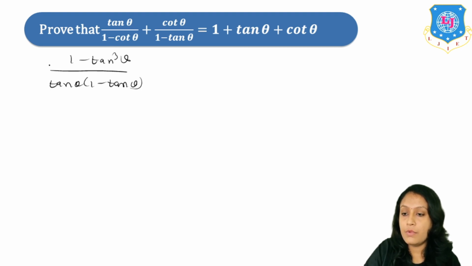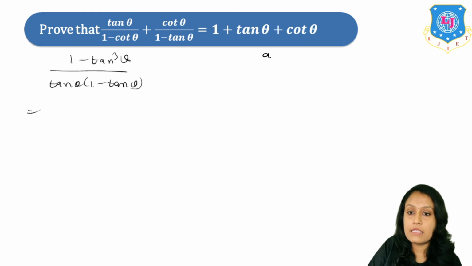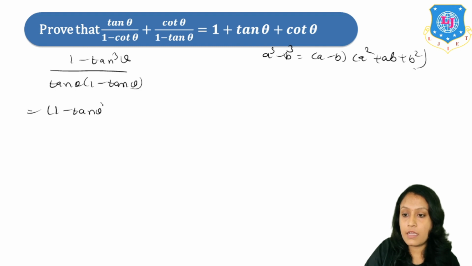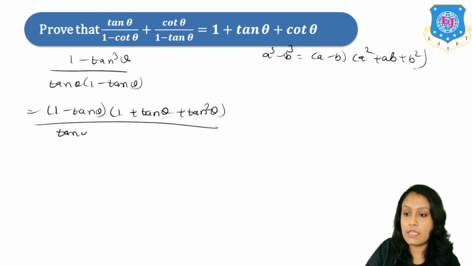Now in order to solve further, we'll apply the a cube minus b cube formula, that is (a minus b) into (a square plus ab plus b square). So apply this formula, and you will get (1 minus tan theta) into (1 plus tan theta plus tan square theta) upon tan theta into (1 minus tan theta) as it is.